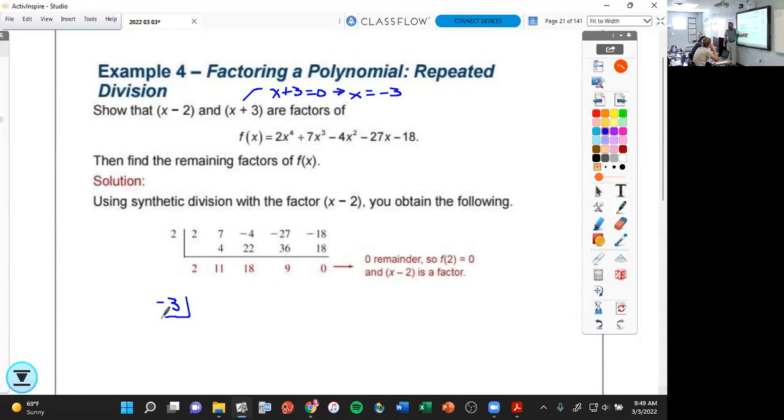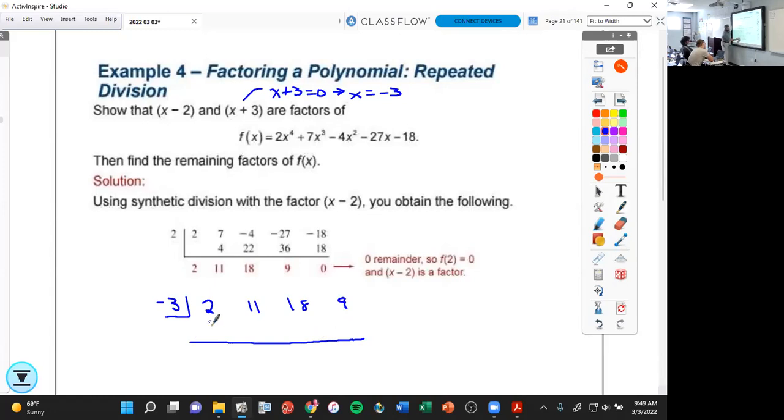Because if x plus 3 is a factor of the whole polynomial, then x plus 3 is probably going to be a factor of this depressed polynomial. And that's actually what it is called. I took a 4th degree polynomial. This is now a 3rd degree polynomial. I know it's a sad thing, but it's called a depressed polynomial. So I'm going to use these numbers: 2, 11, 18, and 9.